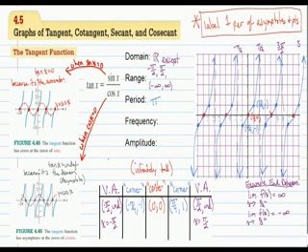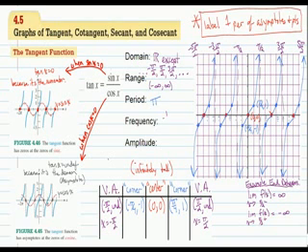The following would be at 5 pi over 2. Or if we wanted to go backwards, negative pi over 2, negative 3 pi over 2, negative 5 pi over 2. Now any series of 3 values is perfectly acceptable. I typically use negative pi over 2 and 3 pi over 2 just because they're the values I worked with in initially graphing the tangent curve.